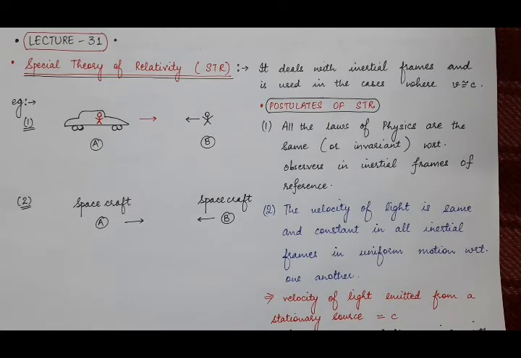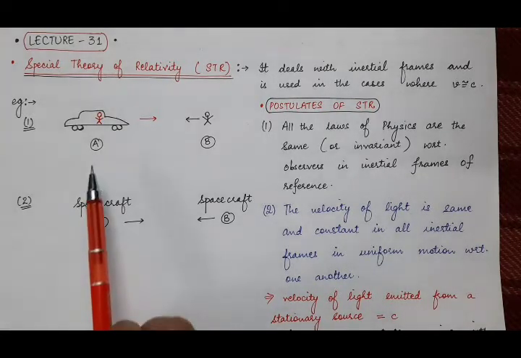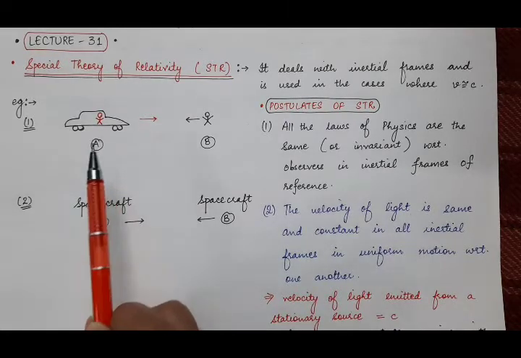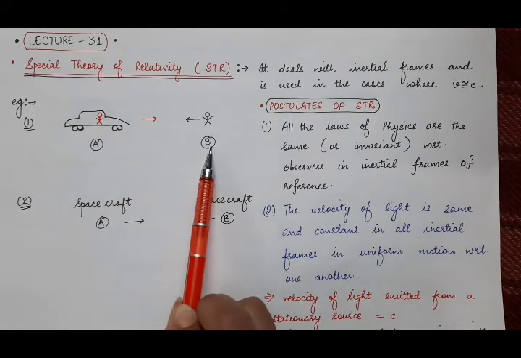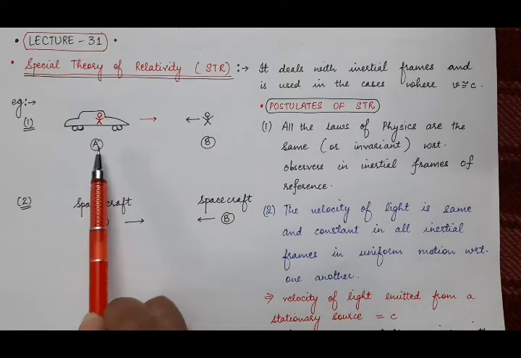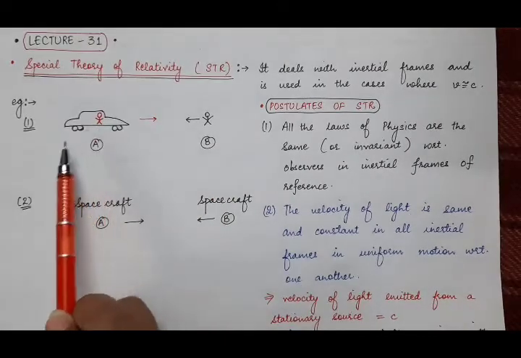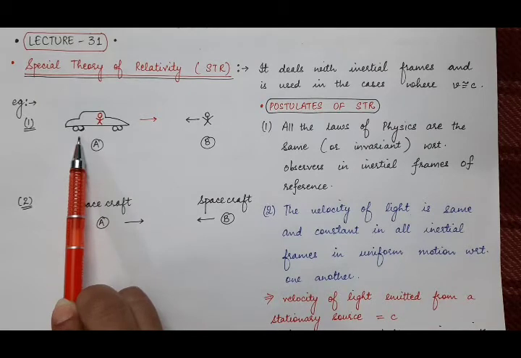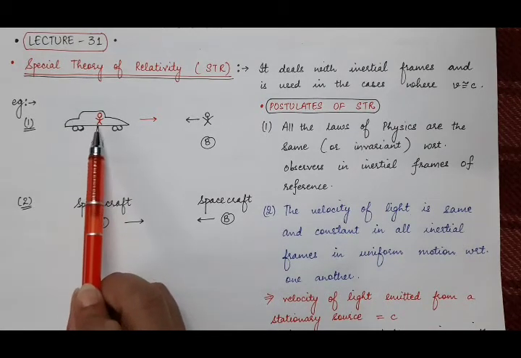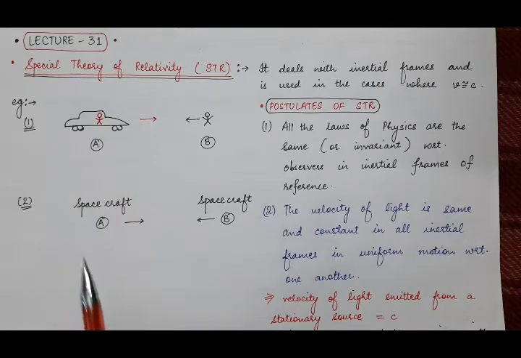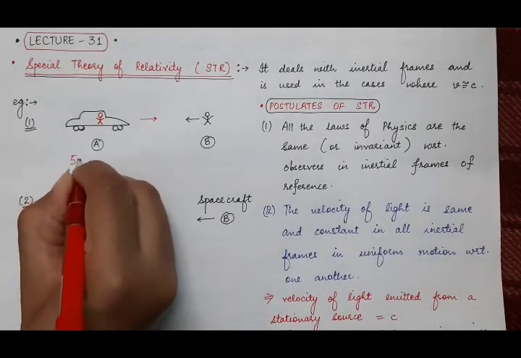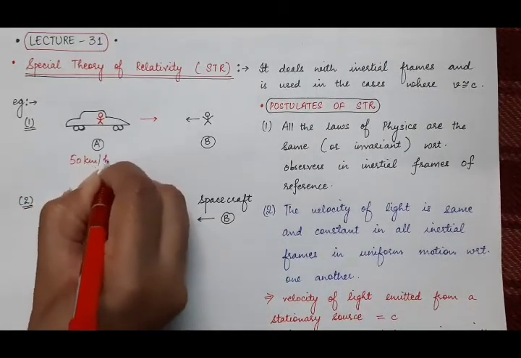Before discussing the postulates of the special theory of relativity, we will discuss some examples. The first example: we have two observers, observer A and observer B. Observer A is a person driving a car at 50 km per hour.